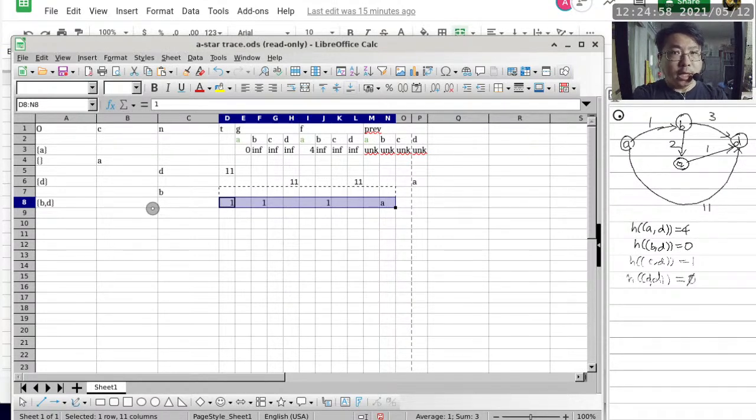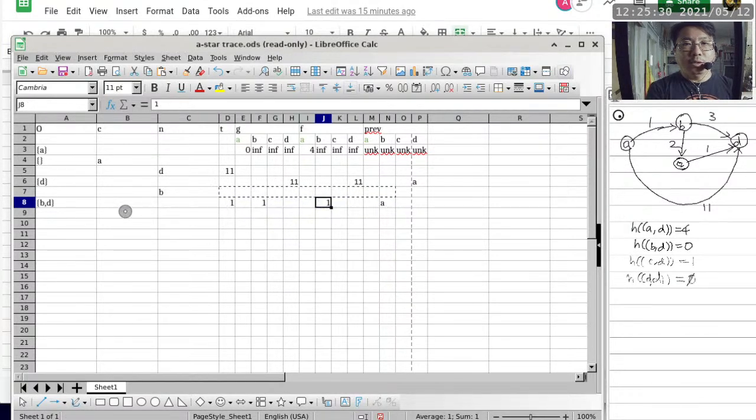The answer is, yeah, we got one. It's vertex B, because vertex B has an F value of 1 at this point, which is less than the G value of D. So we still have hope that we might be able to find a path that is shorter than 11, because that's basically what the F value is doing, it is giving us an optimistic estimate of the length of a path. And something does look optimistic, being this 1 over here.